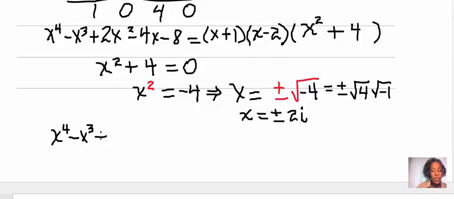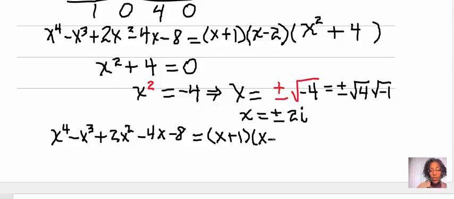So the polynomial that I started with, x to the 4th minus x cubed plus 2x squared minus 4x minus 8 can be factored into x plus 1 times x minus 2 times x minus 2i times x minus negative 2i, which is x plus 2i.